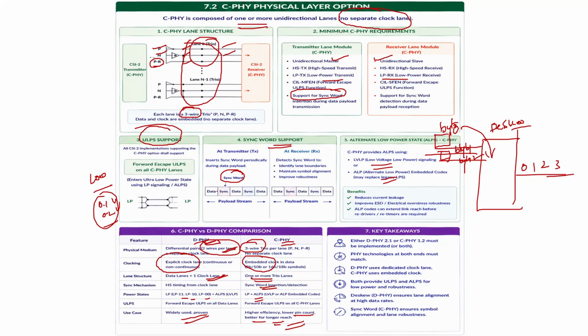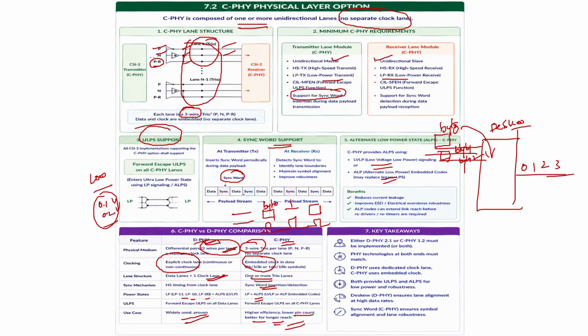And the synchronous word is used because we are sending the data and then the clock. Wherever the data is there, we need to place a clock: data byte 0 is there, we need a clock; byte 1 is there, we need a clock; byte 2 is there, we need a clock. So that is the purpose synchronous words are placed in between the data.